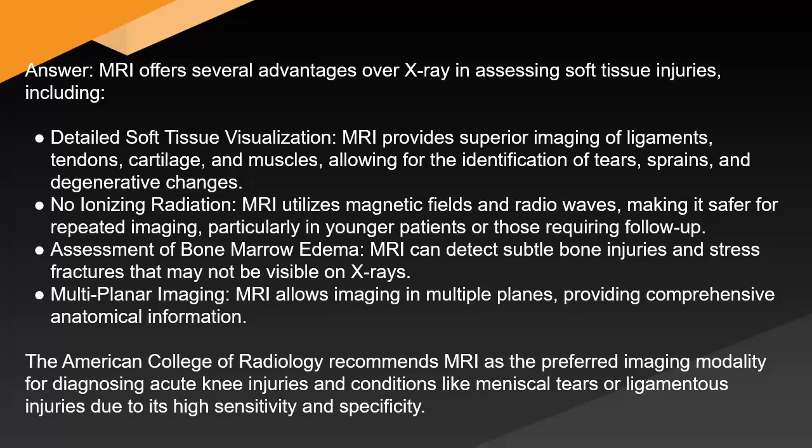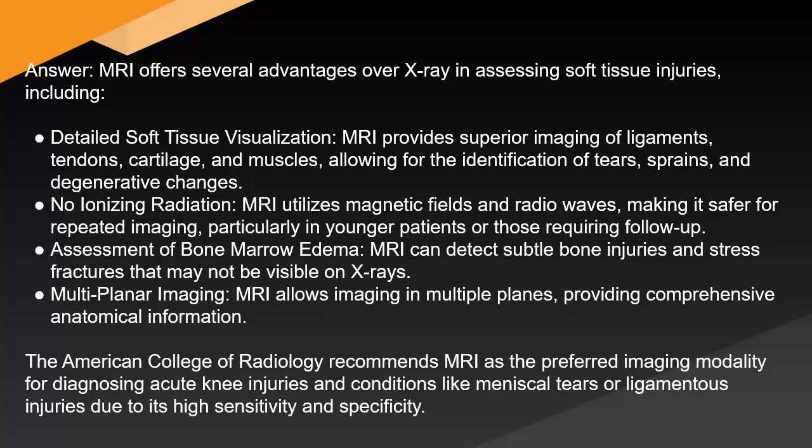No ionizing radiation: MRI utilizes magnetic fields and radio waves, making it safer for repeated imaging, particularly in younger patients or those requiring follow-up. Assessment of bone marrow edema: MRI can detect subtle bone injuries and stress fractures that may not be visible on X-rays. Multiplanar imaging: MRI allows imaging in multiple planes, providing comprehensive anatomical information.